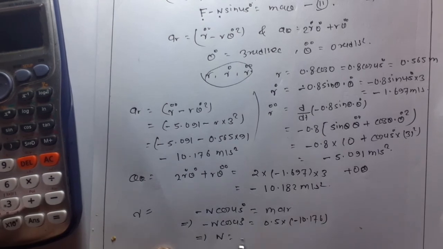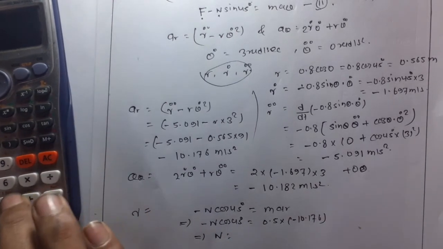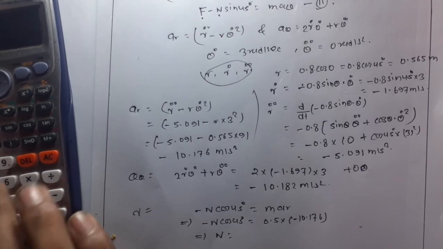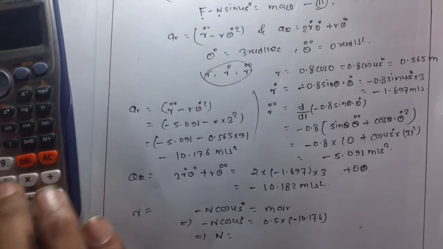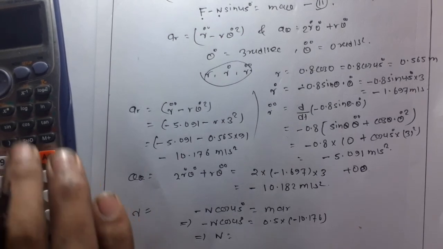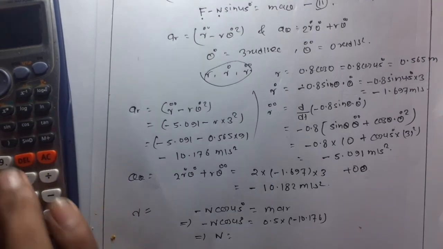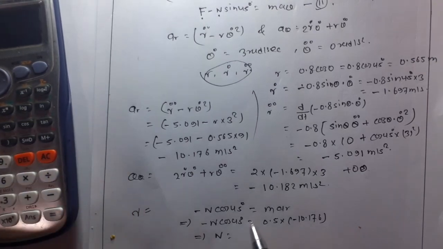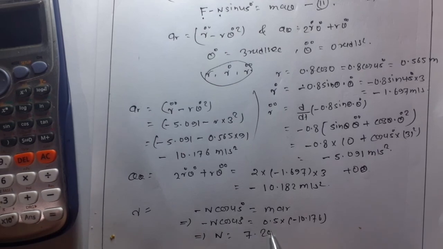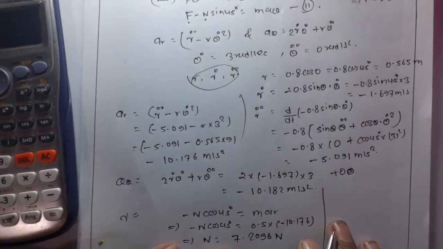So this implies N is equal to 10.176 into 0.5 divided by cos 45. So this is 7.2096 Newton.